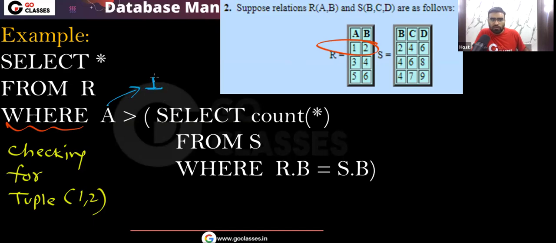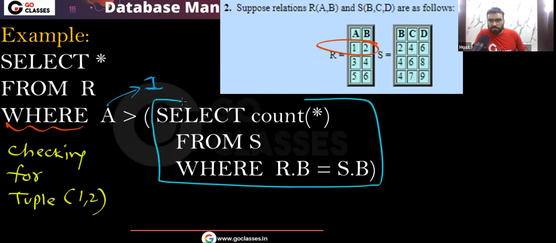Yes or no? Simple. Next, inside, what will this be? Tell me the output. So you can see from S, where R.B equals S.B.